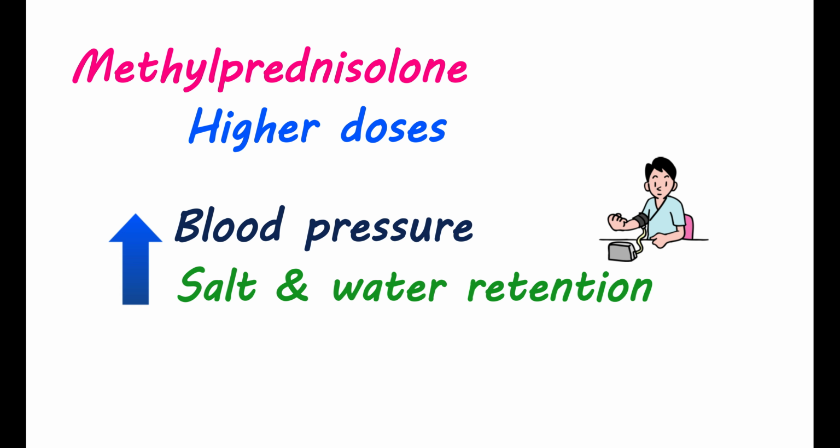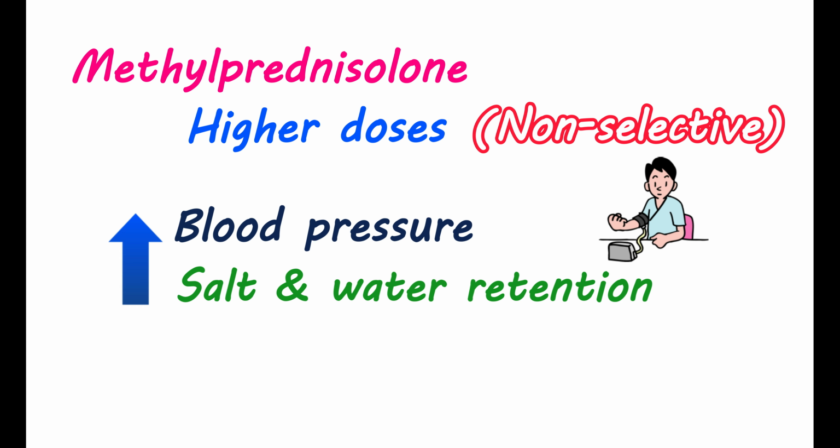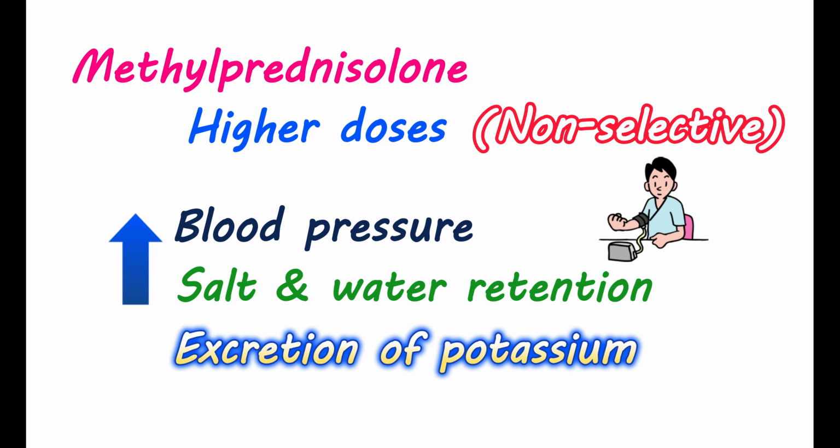However, at higher doses, it may become non-selective so that it can also produce mineralocorticoid activity that results in increased salt and water retention. It can also increase the excretion of potassium. Therefore, this may elevate the blood pressure. So while you're taking methylprednisolone, you should restrict your salt intake, and you may also take potassium supplements to restore hypokalemia.